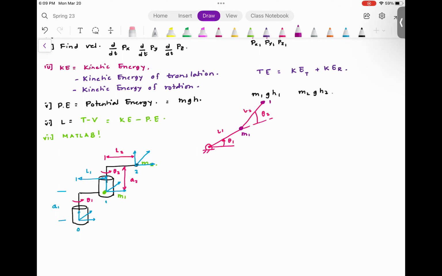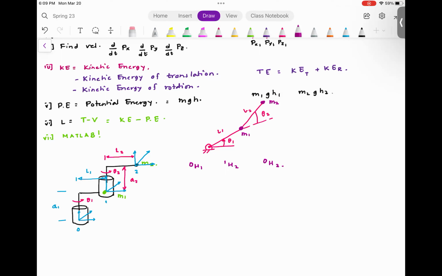This is mass m2. So if you remember, we performed the forward kinematics. We found the homogeneous transformations. So we found 0H1. We found 1H2. And finally, we found 0H2. Everyone with me so far?